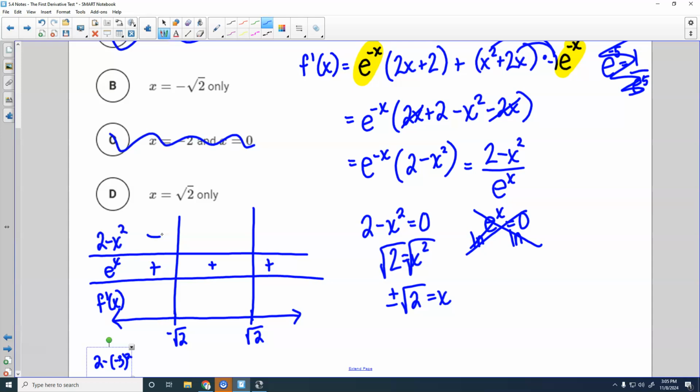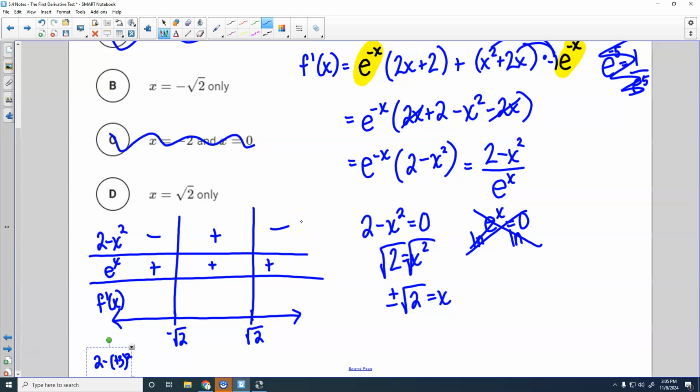What's the easiest number to plug in between negative root 2 and positive root 2? 0. If you plug in 0, you will definitely get a positive there. And then if I plug in a positive number like positive 3, the same thing happens: positive 3 squared is 9, and 2 minus 9 is also going to be negative.